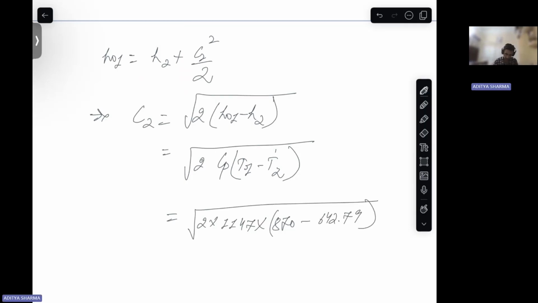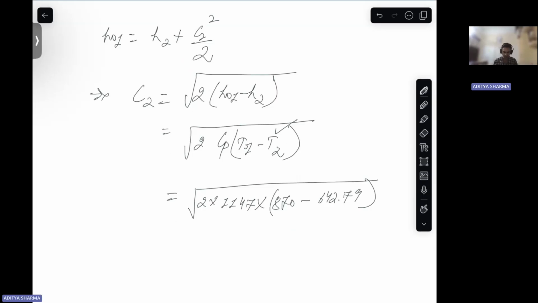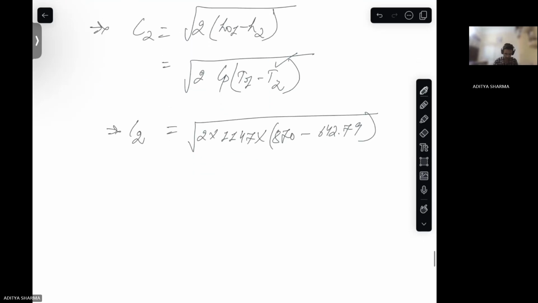So your T2 has been used here also. So this becomes 721.95 meter per second, right?